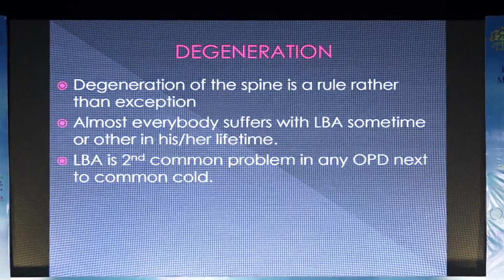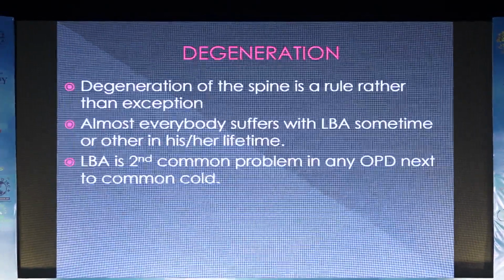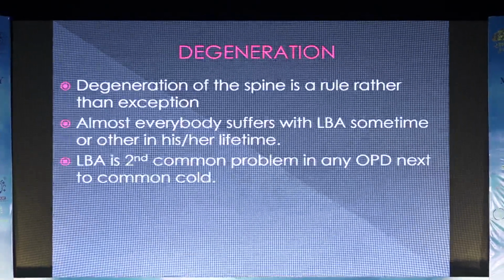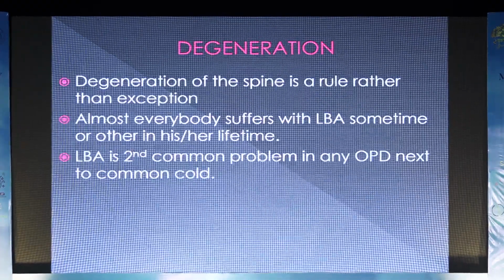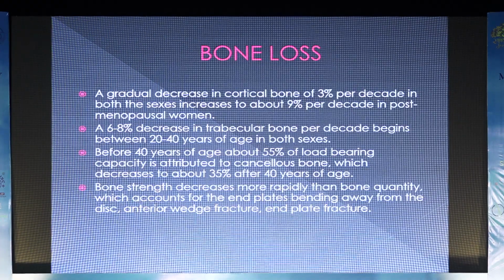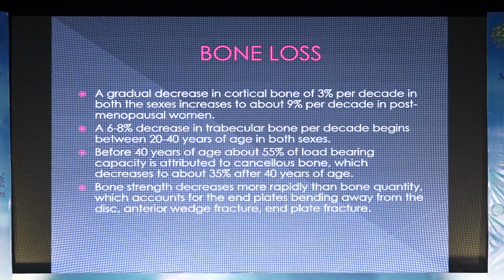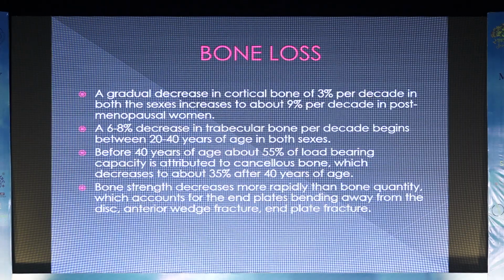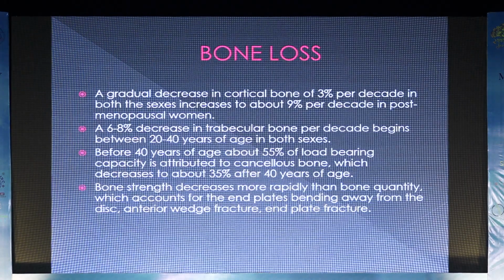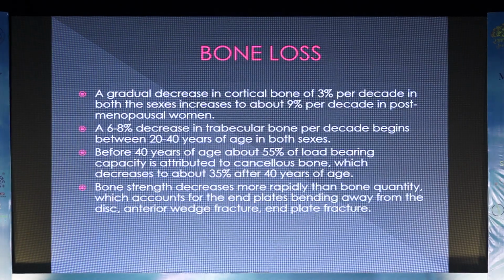Almost everybody suffers with low back pain. Low back pain is considered the second most common problem in any OPD next to the common cold. There occurs degeneration of the bone, a gradual decrease in the cortical bone at 3% per decade in both sexes, increasing to about 9% per decade in postmenopausal women.